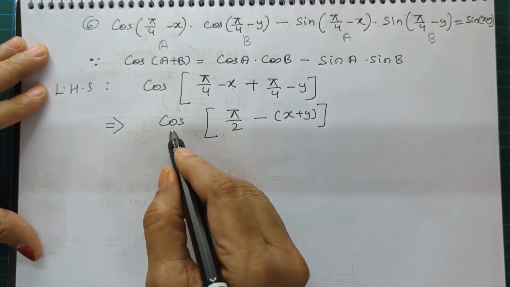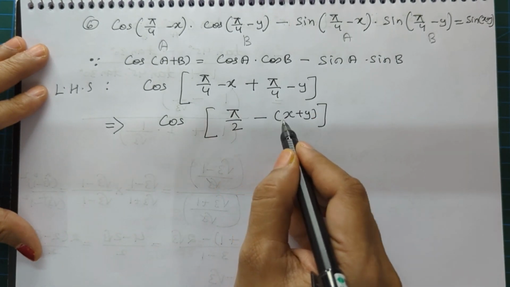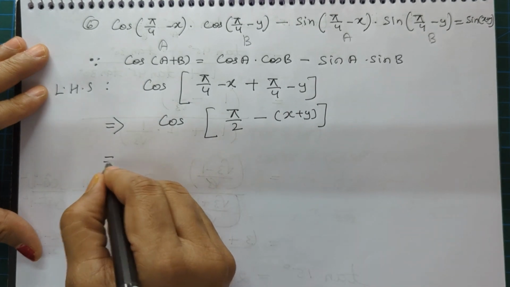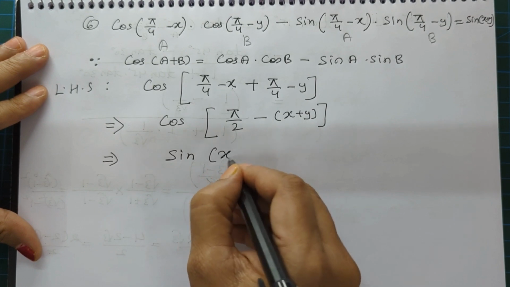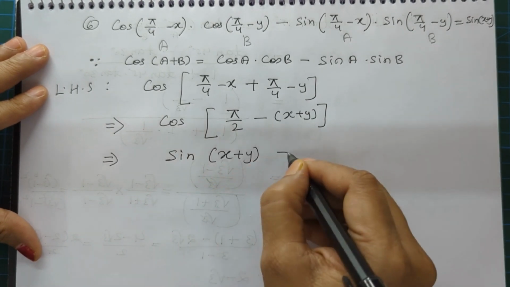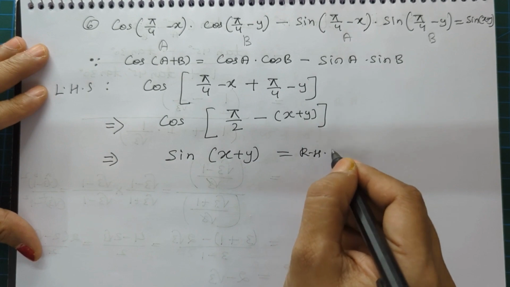We know that cos of 90 minus theta is sin theta, so this turns out to be sine of theta. Theta is x plus y, and this happens to be the right hand side of the given expression.